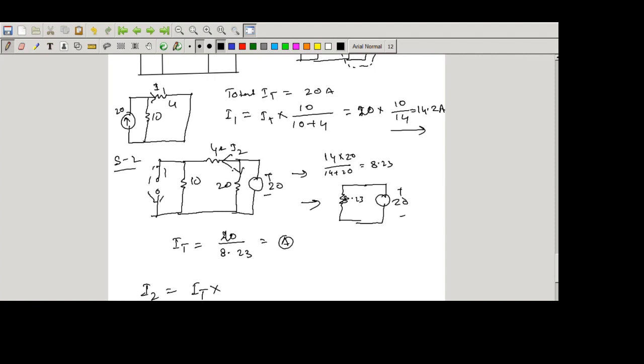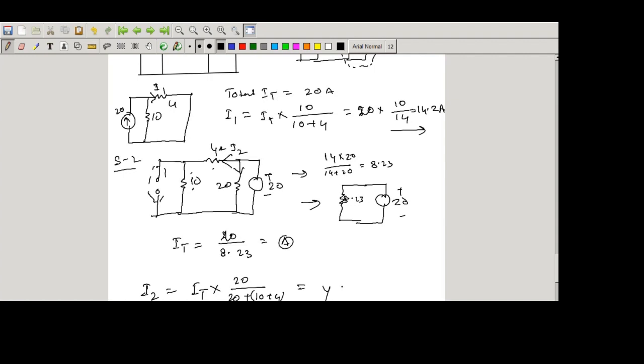Here the opposite branch resistance is 20, divided by the opposite branch resistance plus the current branch resistance, 10 plus 4. So from here we can calculate, suppose this value is Y.